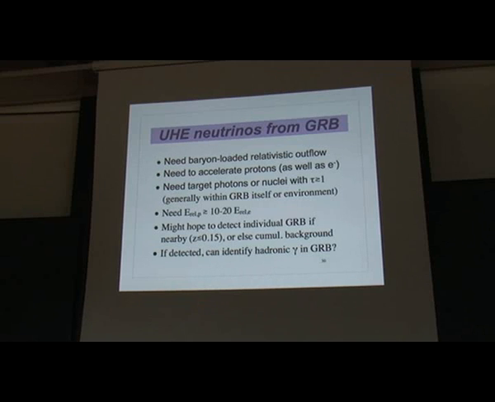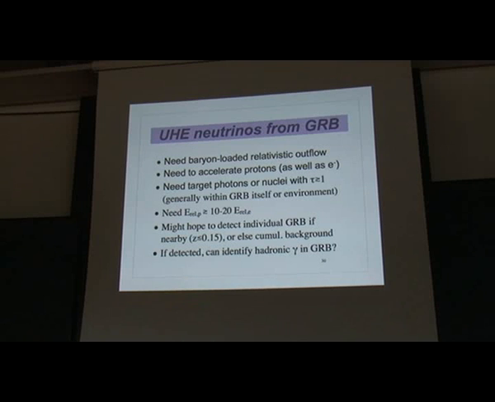The baryon load, of course, is a direct measure of the bulk Lorentz factor, which you can measure through other things like the gamma-gamma pair cutoffs. But one has never been sure whether the cutoff one sees is due to poor statistics, or due to the spectrum maybe cutting off, or is it really gamma-gamma effects. So seeing neutrinos would be the real proof.